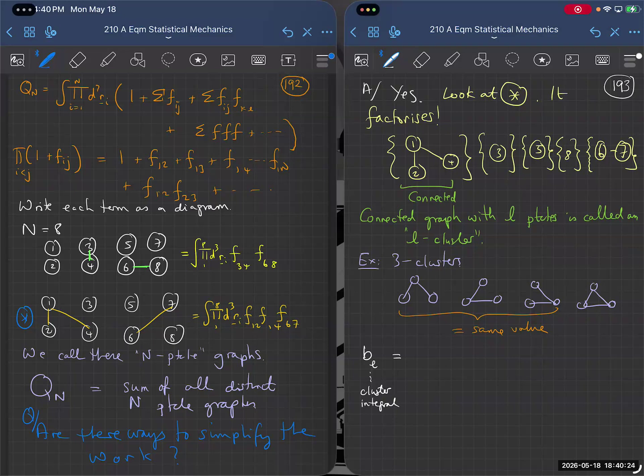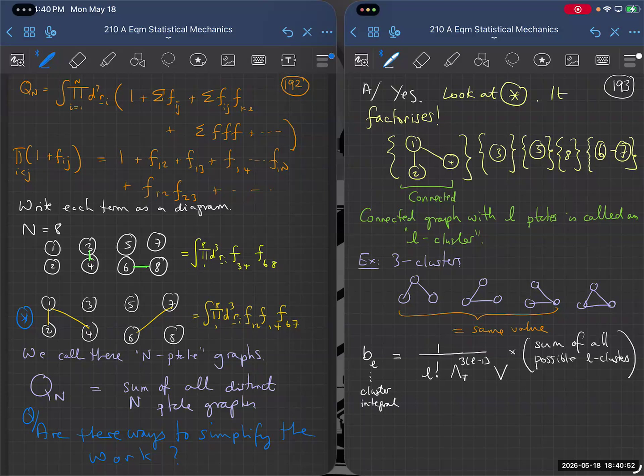I'm going to define that to be 1 over L factorial, thermal de Broglie wavelength to the power 3L minus 1, times volume, times the sum of all possible L clusters.